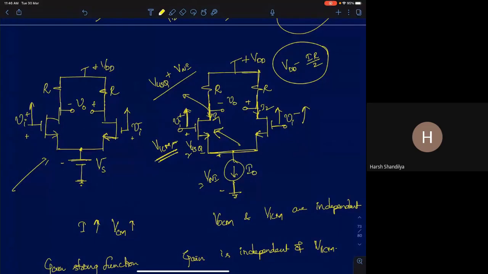So the condition was VDD minus IR by 2 plus VTN. This was the maximum voltage your circuit can go to. So there is a range of minimum to maximum voltages of VICM for which the circuit will work perfectly.